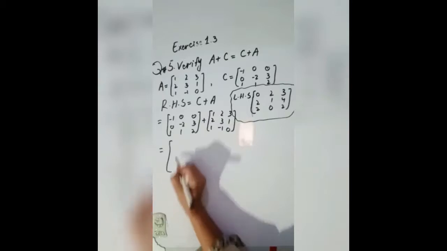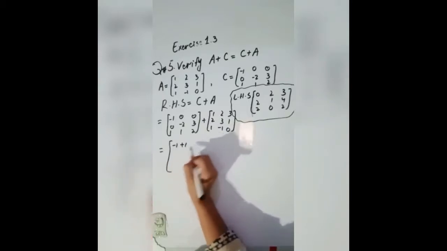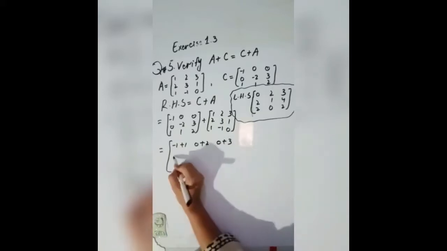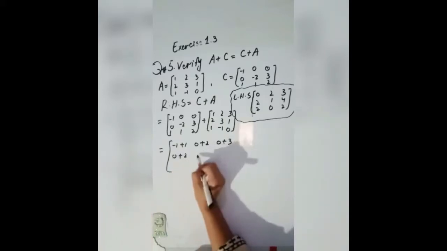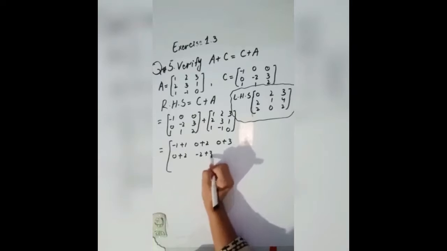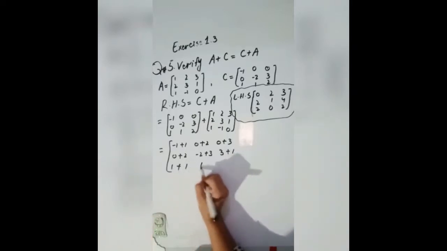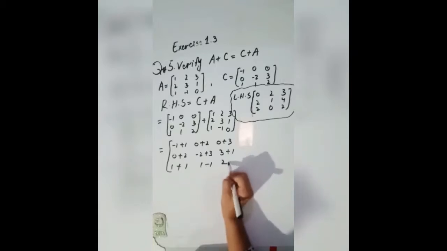We have to add corresponding entries, -1 + 1, 0 + 2, 0 + 3, 0 + 2, -2 + 3, 3 + 1, 1 + 1, 1 - 1 and 2 + 0.